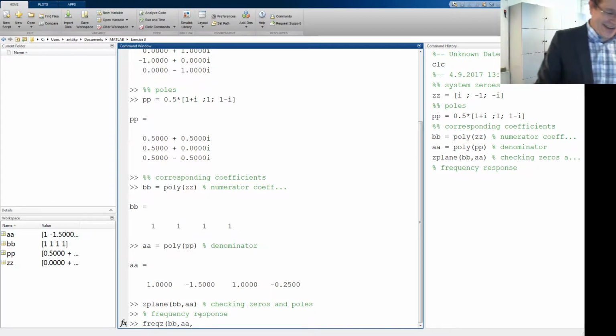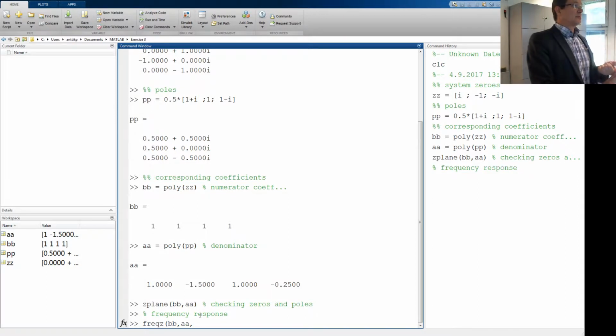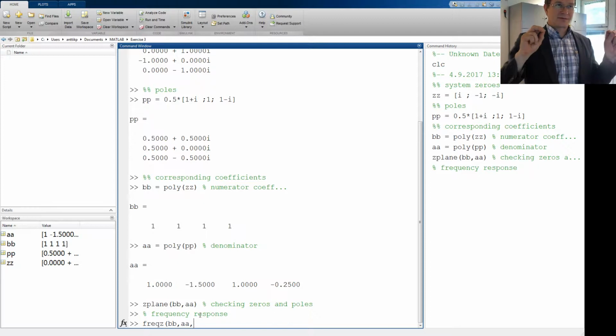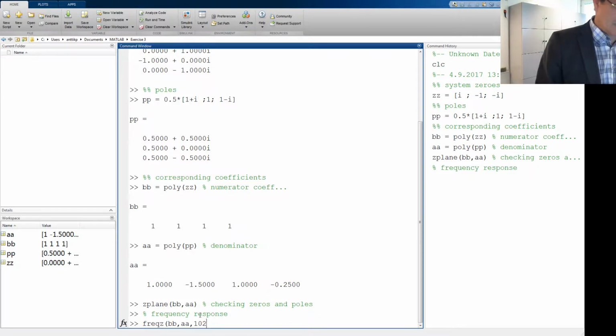Okay, so anyways, the third term would be how many points you want to calculate. So how many points on half circle to calculate the frequency response. For example, if I wanted 1024 points, that would be just fine.